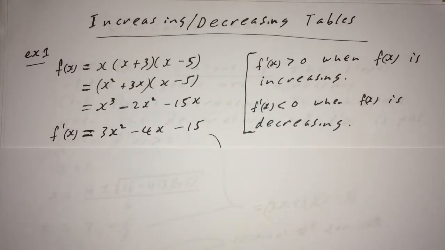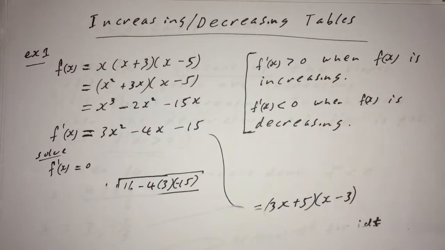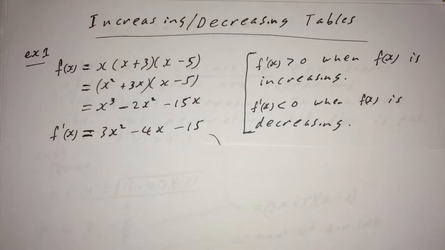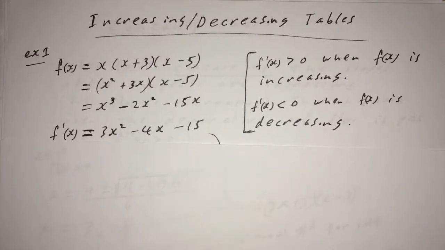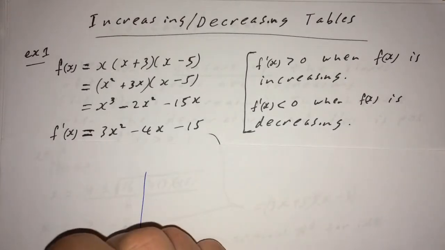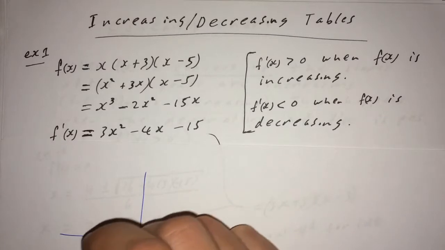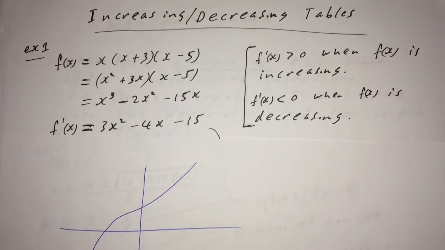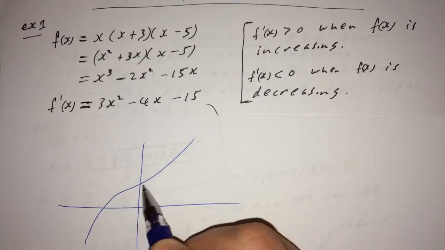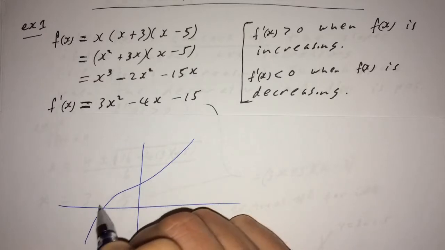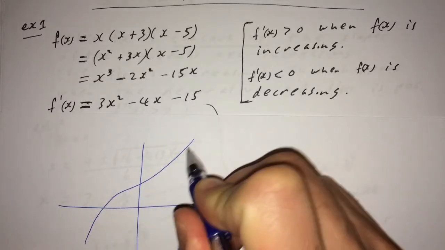Now, to determine when a function is increasing or decreasing, you're just looking at the slopes of the tangents of the function. When a function is increasing, for example like this, it is increasing all the time. If you look at the tangents on there, they're always positive.